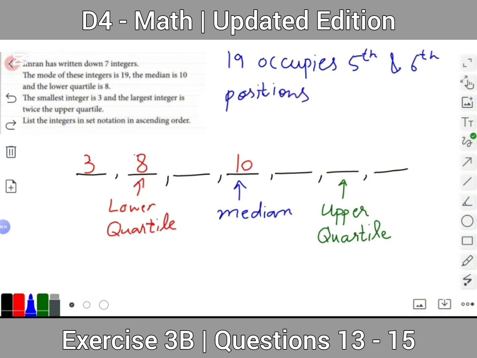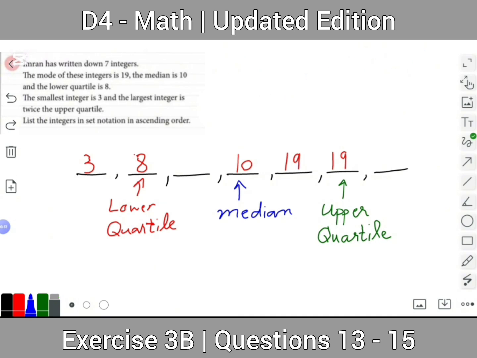So we will write down 19 at the fifth and sixth positions now. And of which the sixth position is the upper quartile.